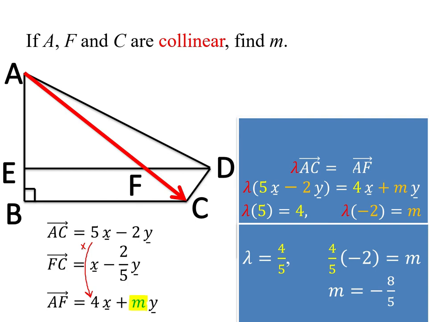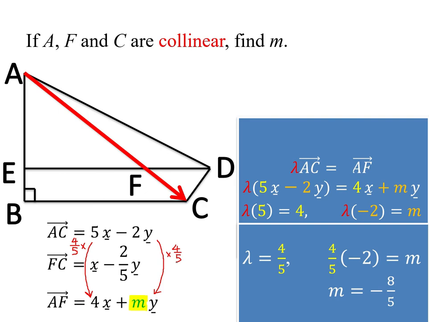We multiply with 4 over 5. Correct? 5, you multiply with 4 over 5, you will get 4. Same thing also, negative 2. If we multiply with 4 over 5, we will get m. So that's why the answer is negative 8 over 5. This is how we do it if you want to directly compare.